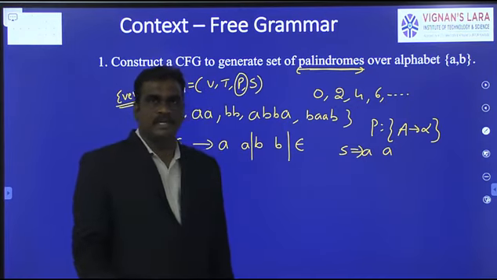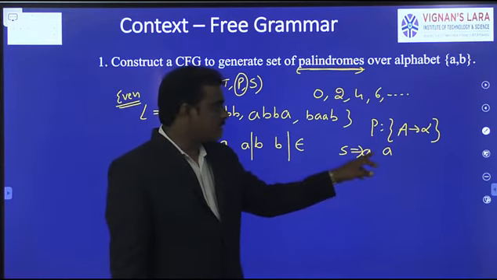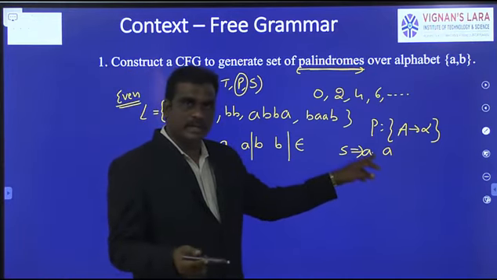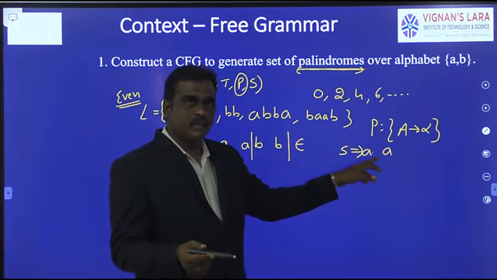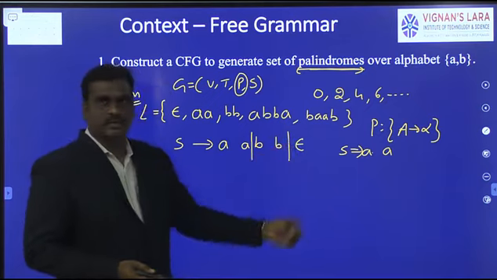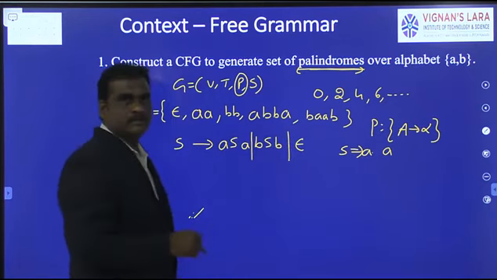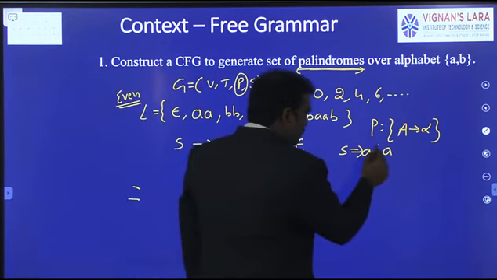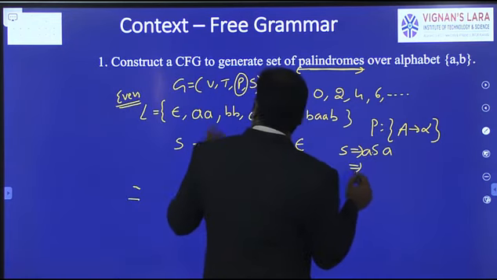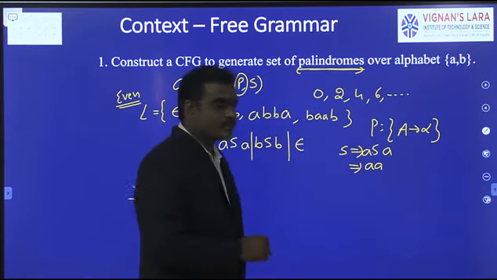What are the possibilities? Again, we have three possibilities. The second symbol should be either A or B, and one more possibility is epsilon. That's why here you can put the symbol S. So S. Now, if I want to derive the string AA, that means this S is epsilon.